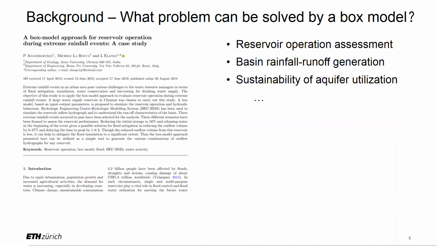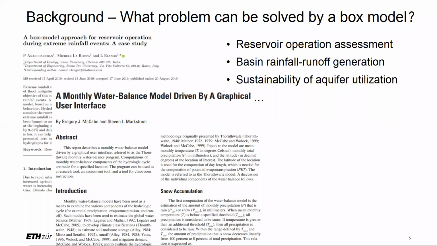It can provide a basis for the numerical distributed groundwater model. So what problems can be solved by a box water balance model? It can be applied in many areas. For example, it can be used to assess reservoir operations. Also in hydrology, the lumped water balance model can be used to analyze basin rainfall runoff generation to understand the hydrological components.